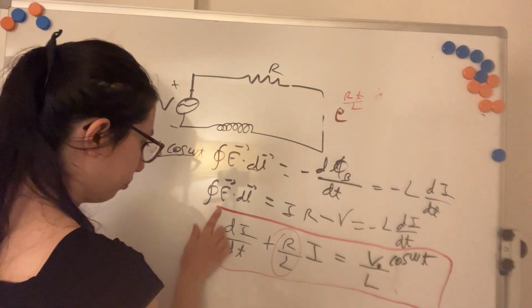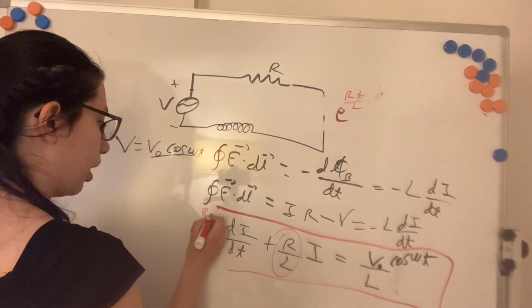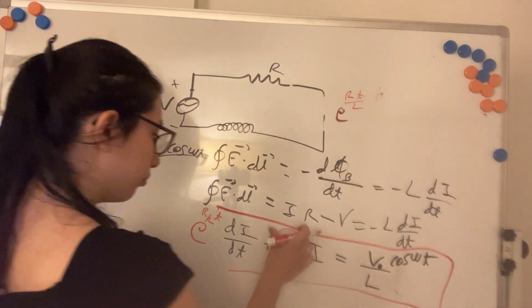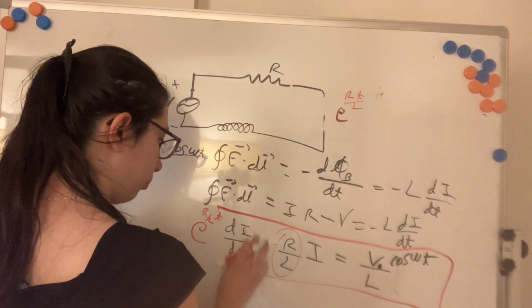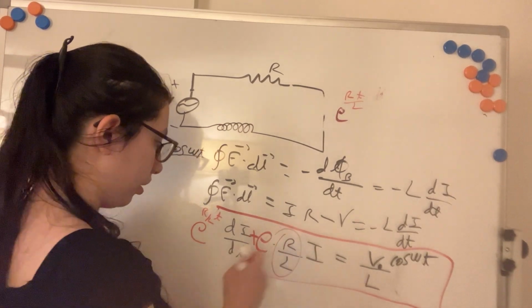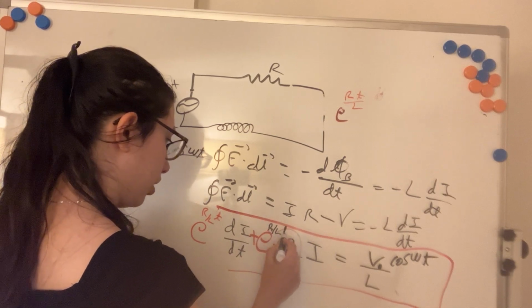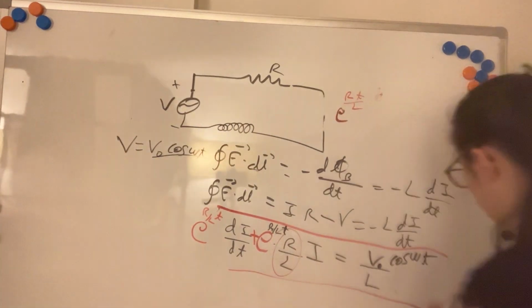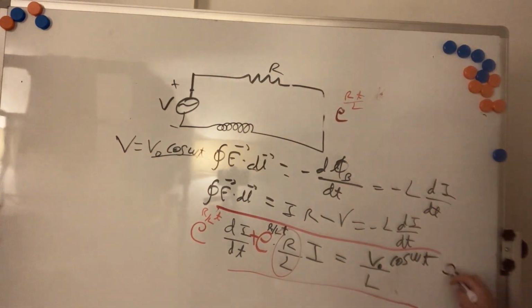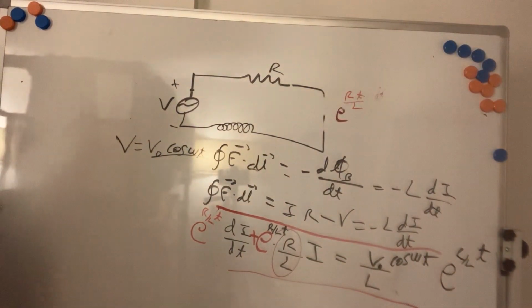I have e to the R over L t times dI/dt, plus e to the R over L t times R over L times I, and on the right e to the R over L t times the voltage over L. Remember that this is the derivative of a product.